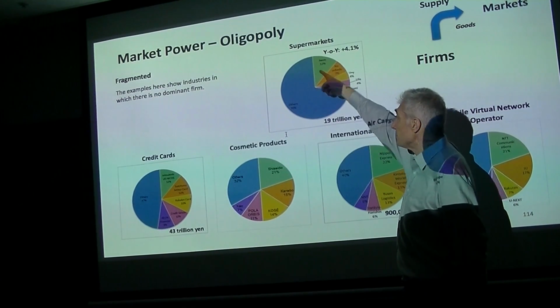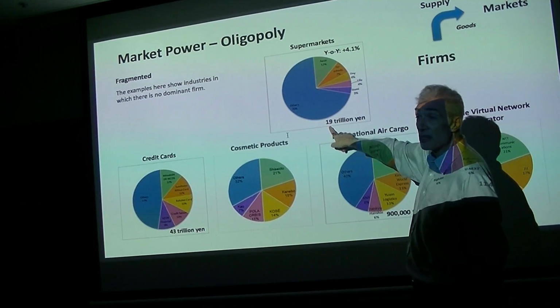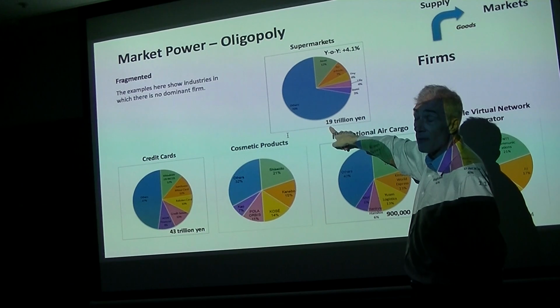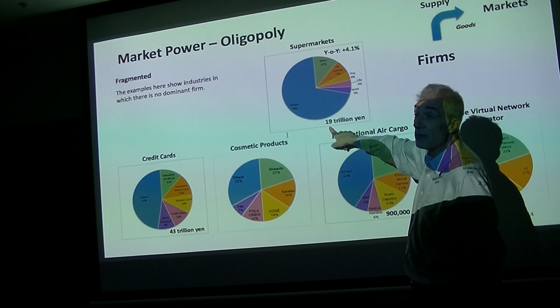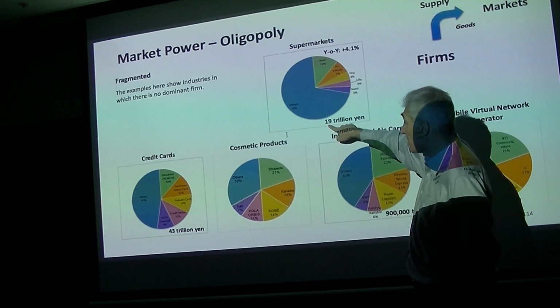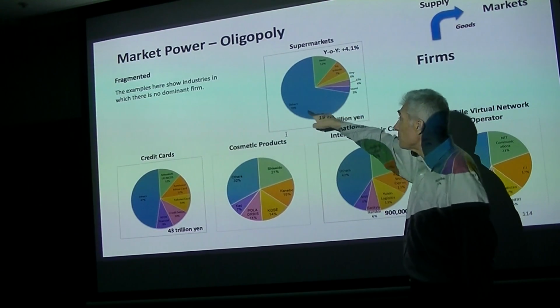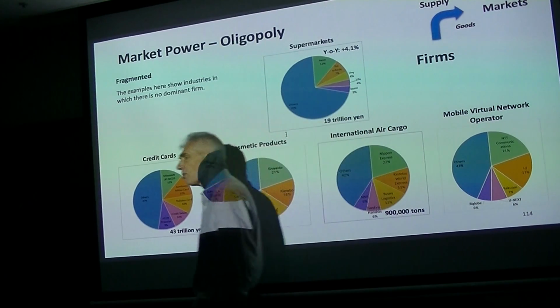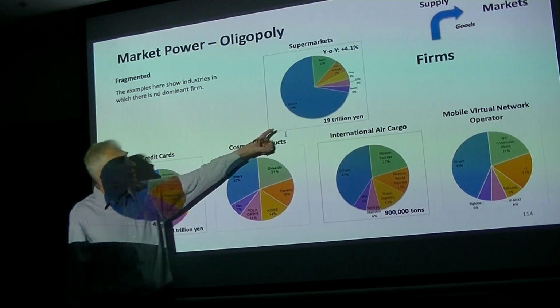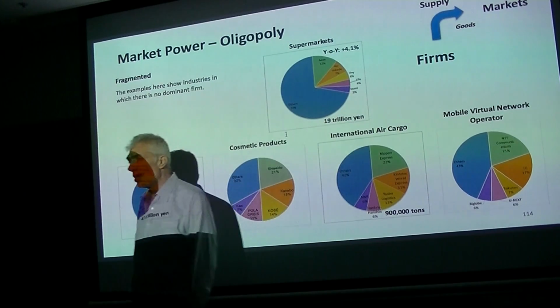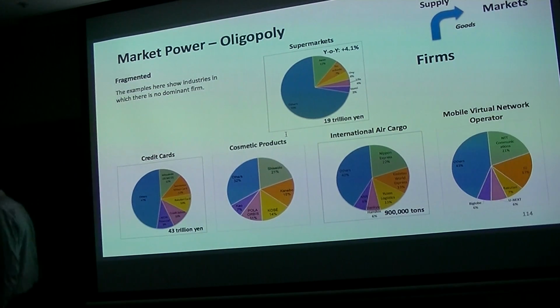It's about 4% of GDP, so it's a big sector. You just walk around and you'll see Aeon. There are a lot of Aeons in Tokyo. But that's only a 12% market share.